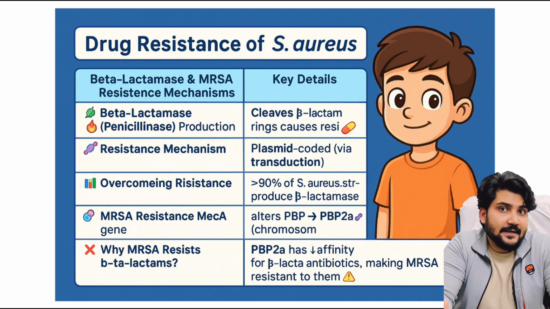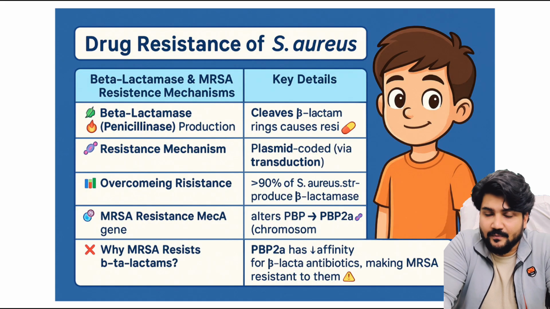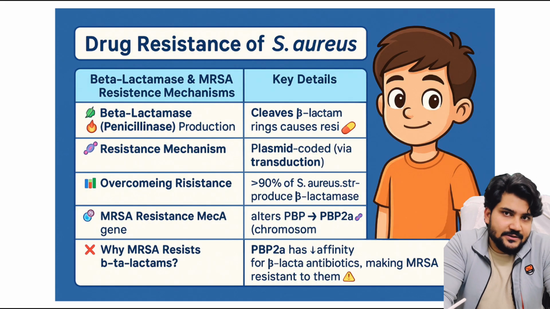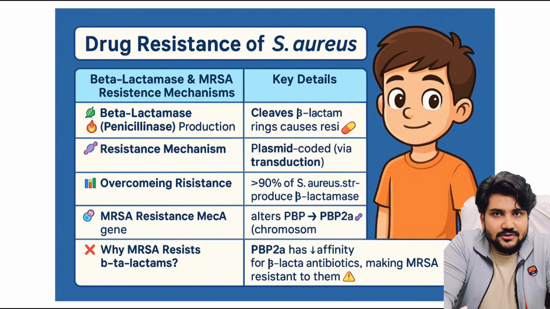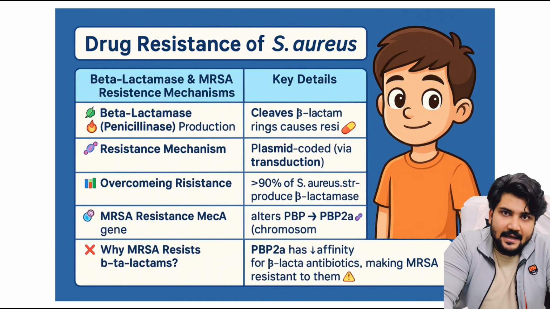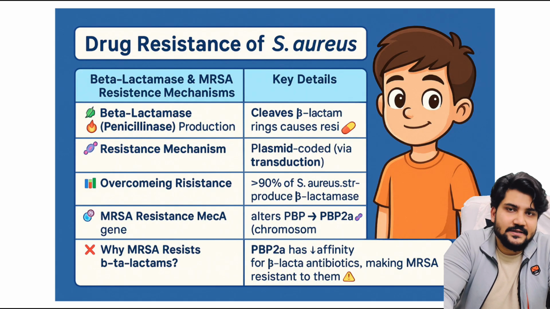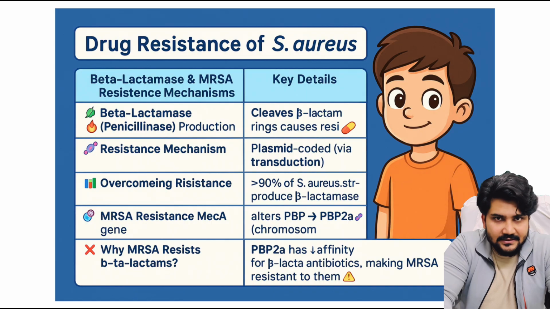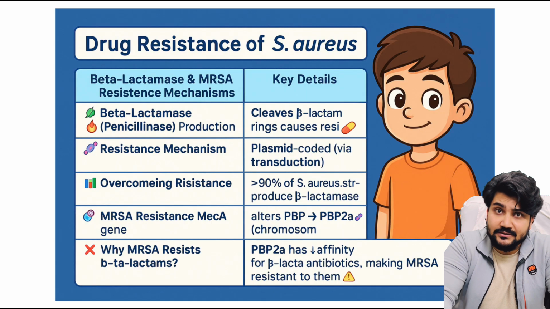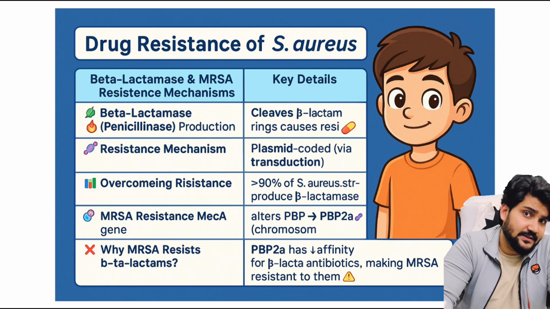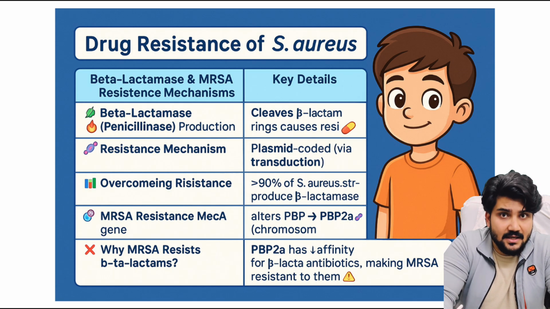Now the second, which is not very common in Staphylococcus aureus, but is very lethal, is methicillin resistant Staphylococcus aureus, which we call MRSA. In this, the Staphylococcus aureus is resistant to methicillin, through a gene named mecA.